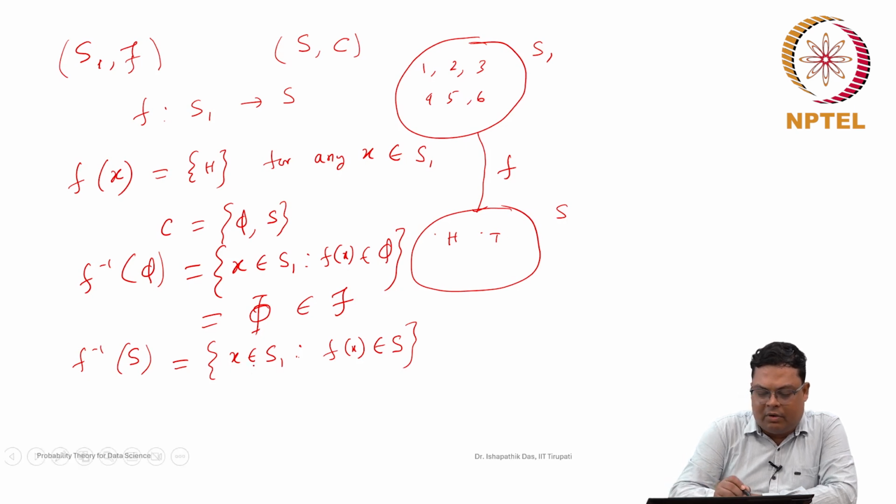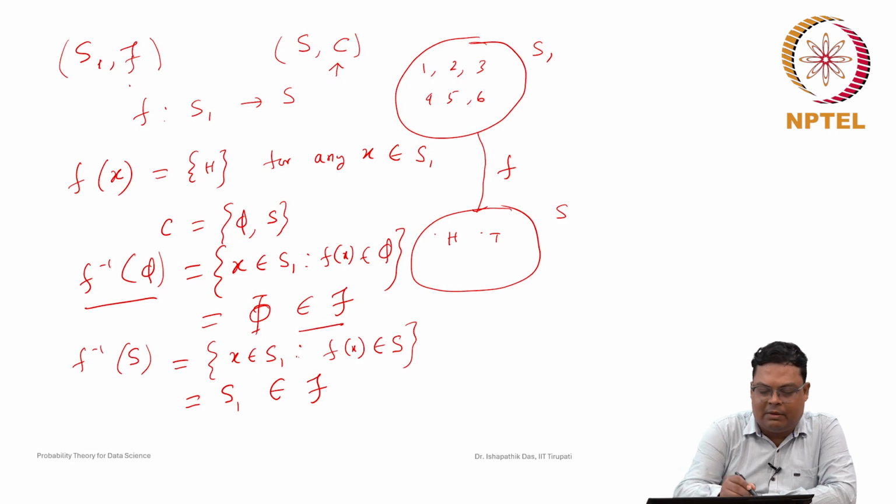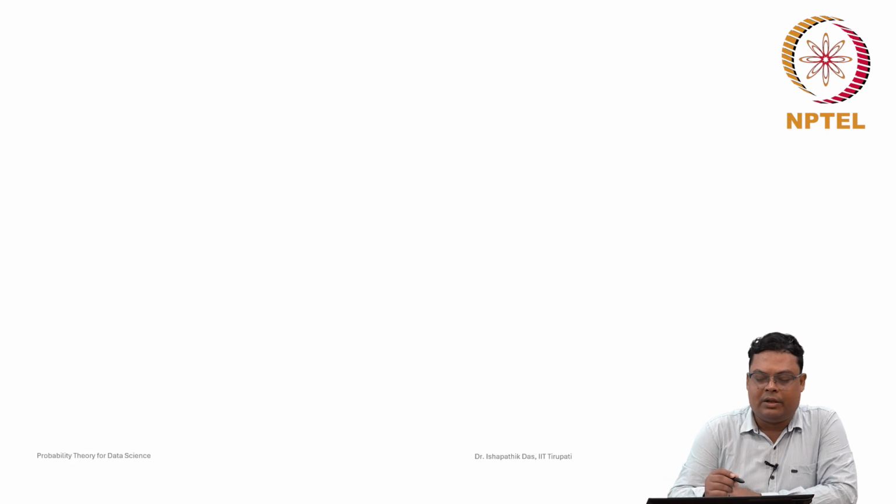So, for any x in S1, f of x has to belong to S. So, all x satisfy it, which means it is nothing but all of S1, and this also belongs to the sigma field F. So, for this function f, if you consider any element in this sigma field and take its inverse, then that belongs to this sigma field. This kind of function is known as a measurable function.